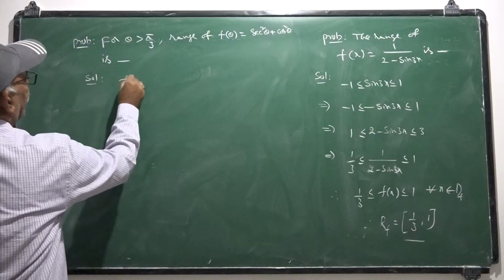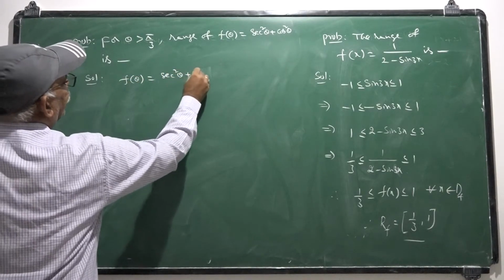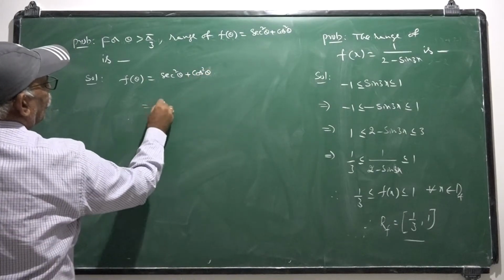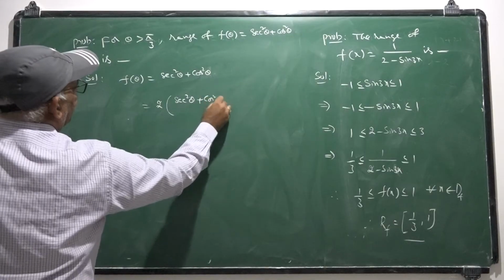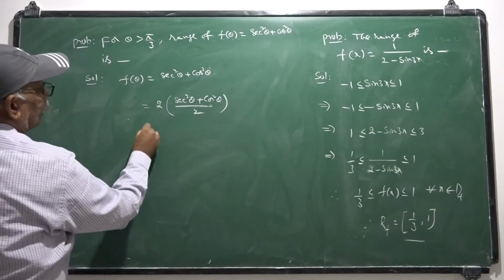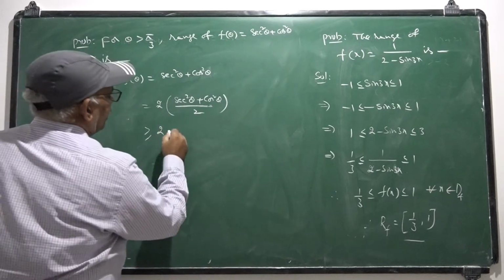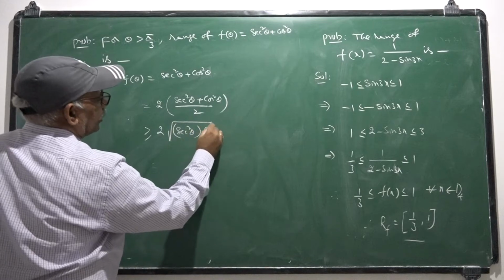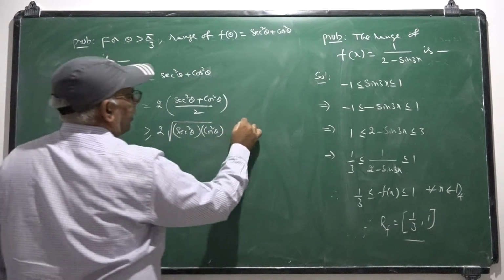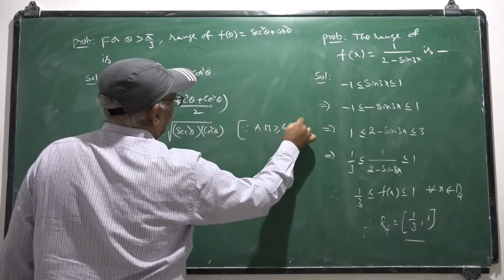Here f of theta is secant square theta plus cos square theta, which may be written as (secant square theta plus cos square theta) by 2, which is greater than or equal to the square root of secant square theta into cos square theta, since arithmetic mean is greater or equal to geometric mean.